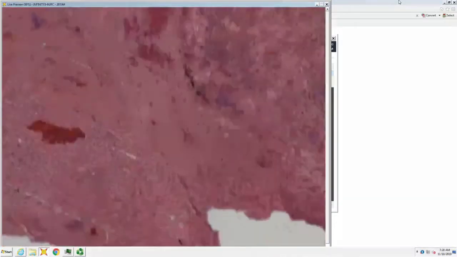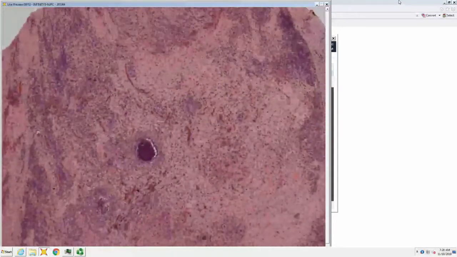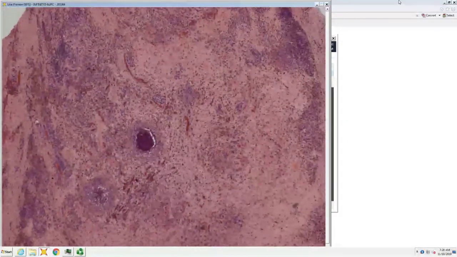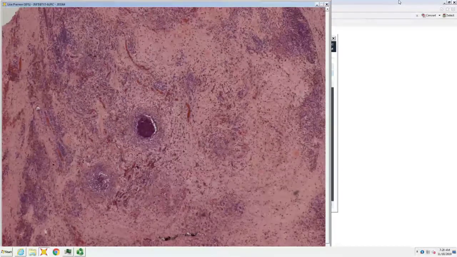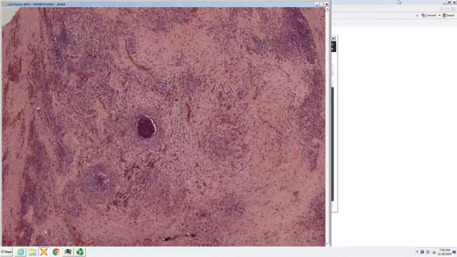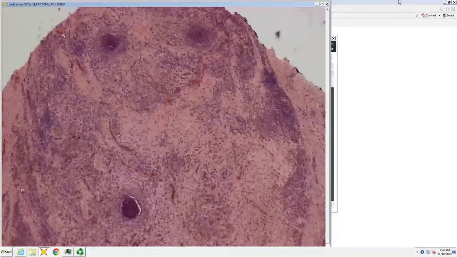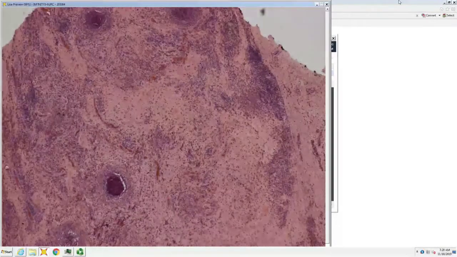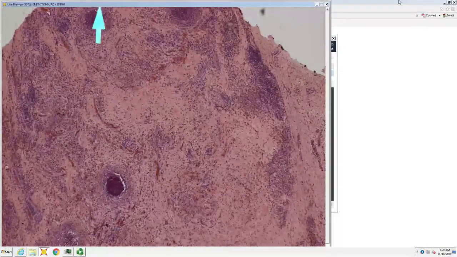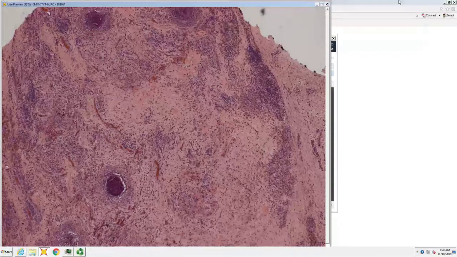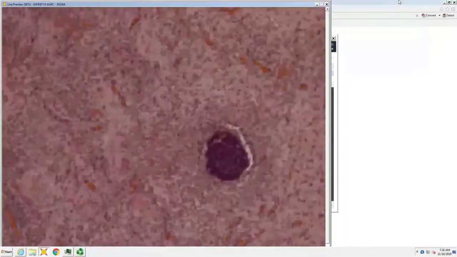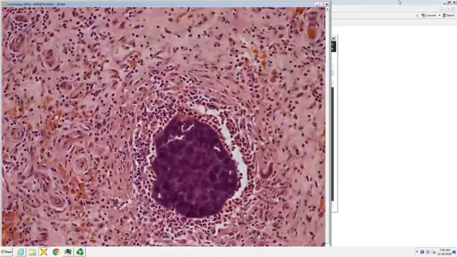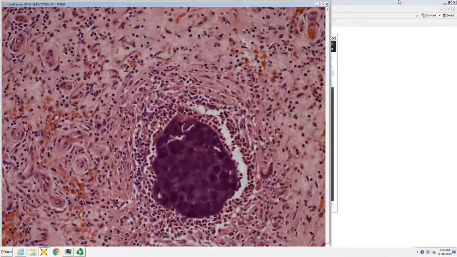All right, this is kind of deep. We've got a lot of information. Is this like rhinosporidium? Is this rhinosporidium or no?